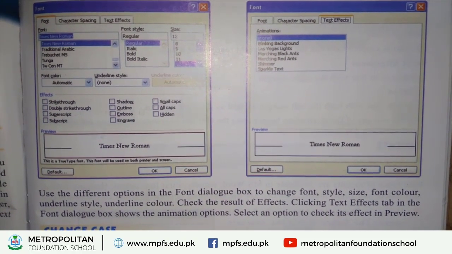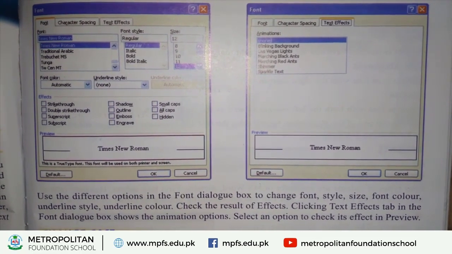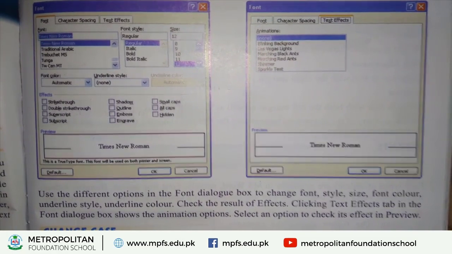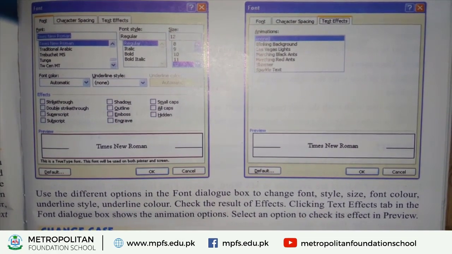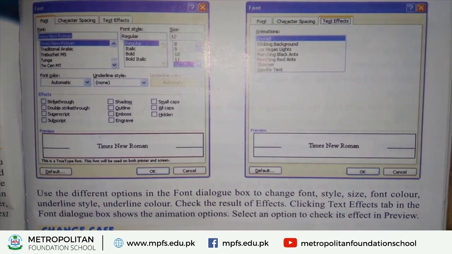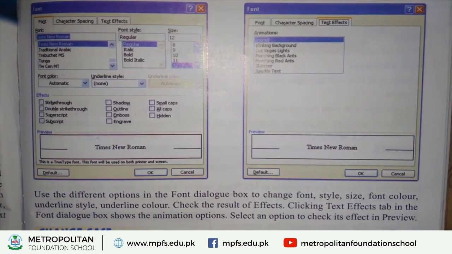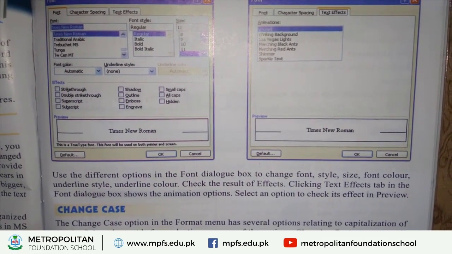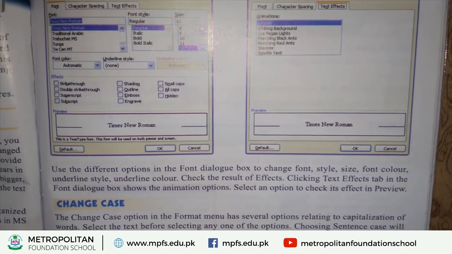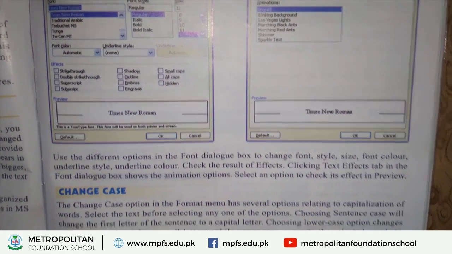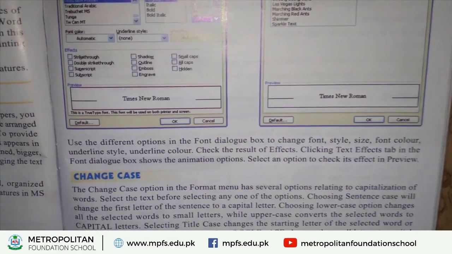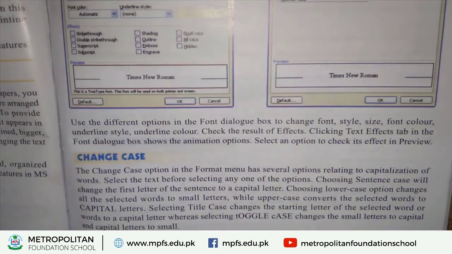Select the option to check its effect in preview. If you want to see the preview, you should select the preview dialog box and you should see the print preview to change the format of the character. Now switch to change case.